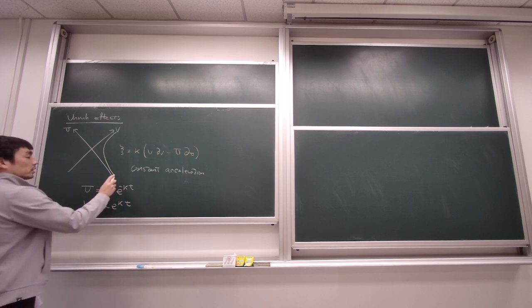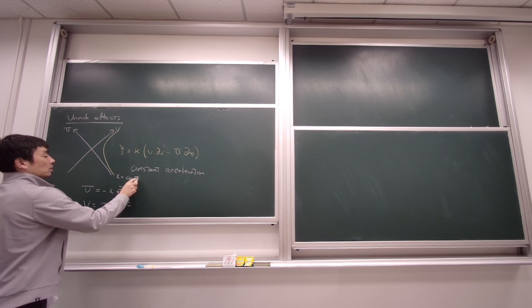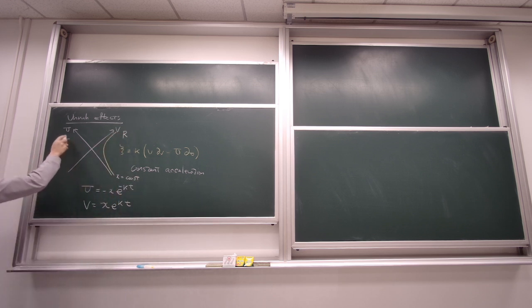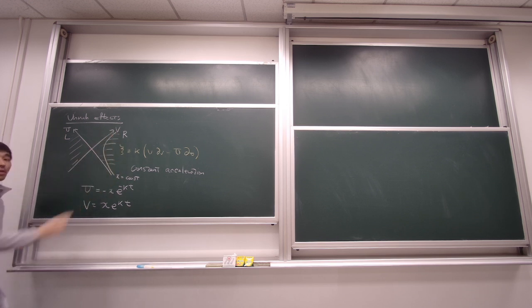Here x is a constant surface, and we call this region the right Rindler wedge and left Rindler wedge.